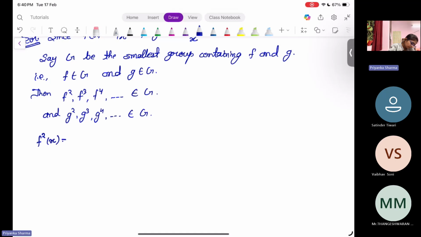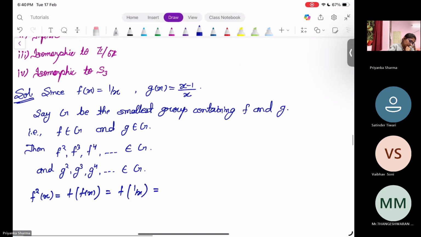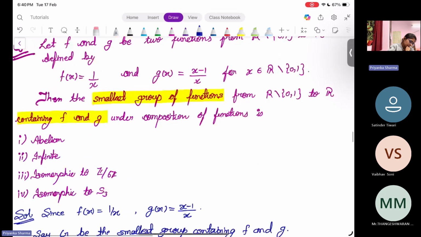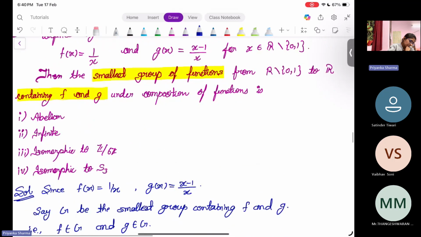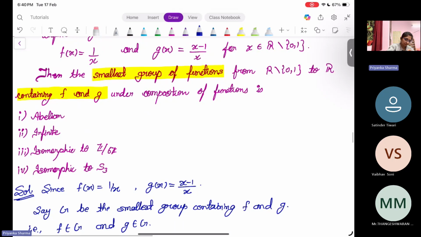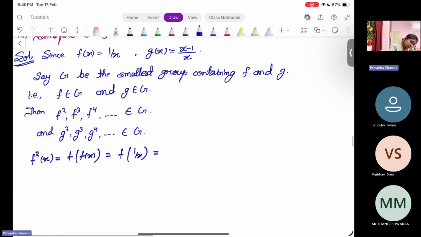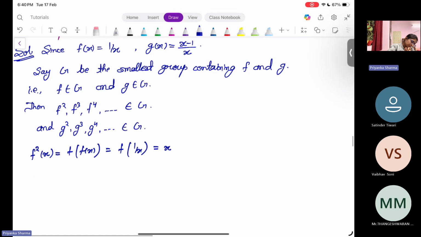F square of x, this will be f of f of x, means f of 1 by x. And what is the definition of f? This is basically the reciprocal of the element. Okay. So f of 1 by x, this will be x.